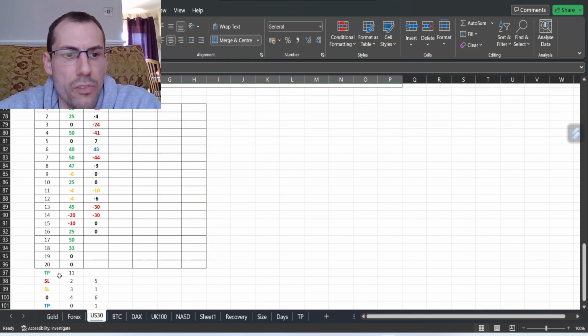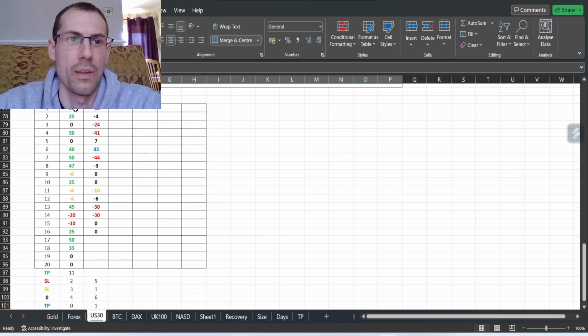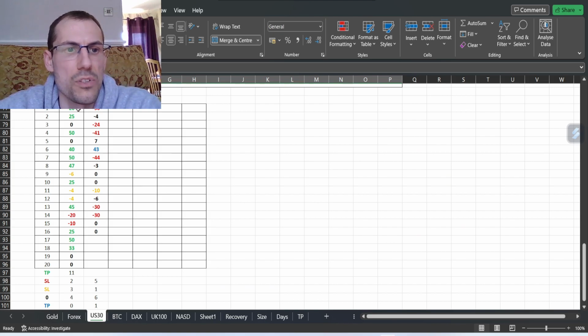How many take profit, how many stop loss, how many break even you have. But the reason why you need at least 2 sample sizes, which means 40 or 50 trades, is to avoid this mistake that I made.